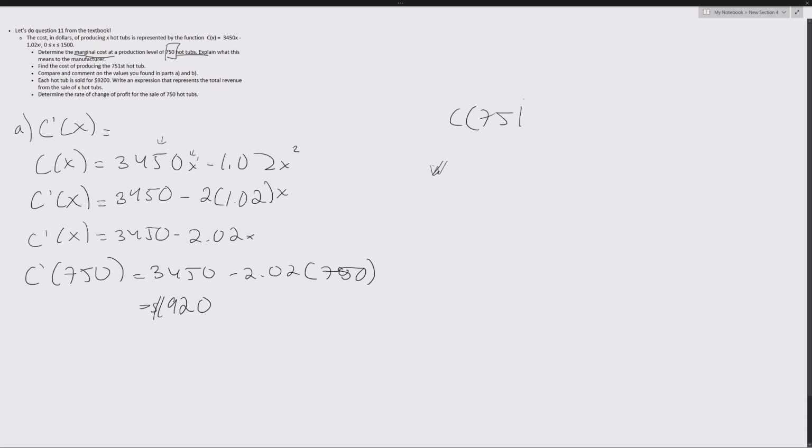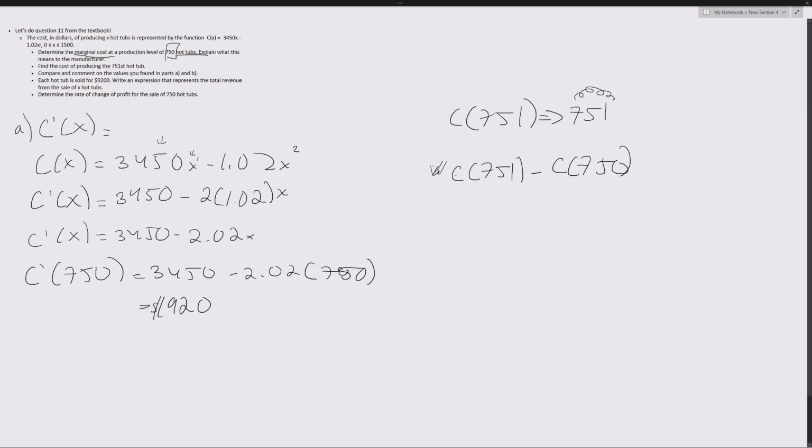That would be your first instinct, but as you may realize, this means that we're finding the cost of producing 751 hot tubs, not the 751st hot tub. So if we want to find its actual cost, we would have to find the cost of 751 hot tubs minus the cost of 750 hot tubs, right? Because then we would cancel out the first 750, leaving us with the 751st.